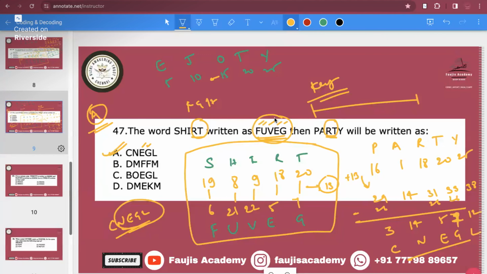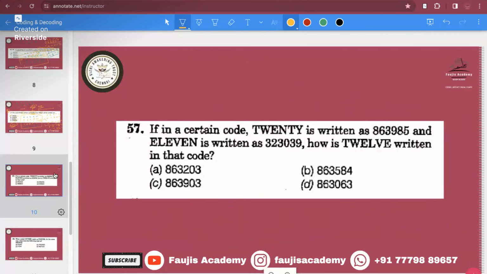Out of these five, at least two need to be there, though we don't know which two. FUVEG: E is there, G is not there. So this will not be the answer, and you will eventually go ahead with 50-50. So at least two of these five need to be in your answer option. But be cautious, because we'll see such types of questions as well. Let's employ the logic that Vikram said.